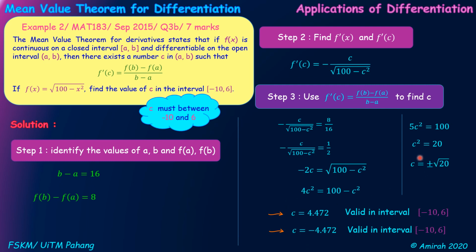That is why, when we have c squared and we take the square root, we must put a plus minus sign. If we forget the plus minus sign, we just have one value of c. But in this case, we actually have two values of c that are valid in this interval. So this is our final answer: both values of c are valid in the interval negative 10, 6.